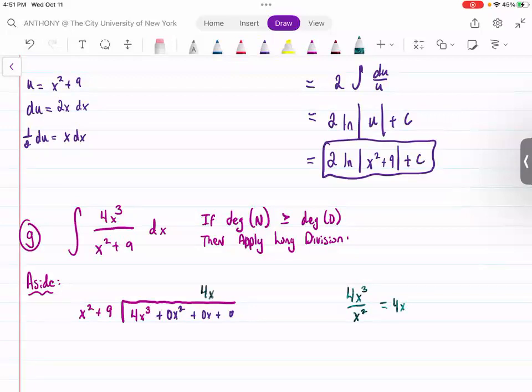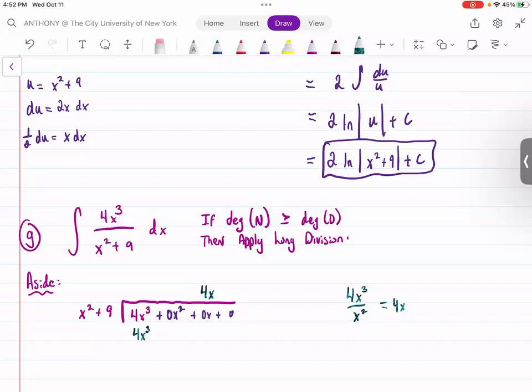Now you take 4x and multiply it by x squared plus 9. What is 4x times x squared? 4x to the third.